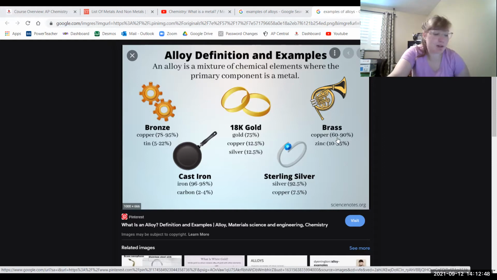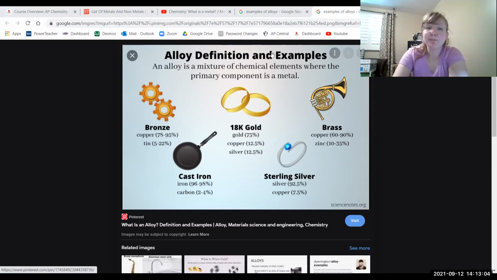And then brass is the other one that we talked about, where you take copper and zinc and put them together. When I'm back in the classroom, remind me, especially at the end of the year after the AP test, there is a really fun lab that you can do with a penny. Pennies have zinc on the inside and copper on the outside, the new ones, because copper is more expensive.